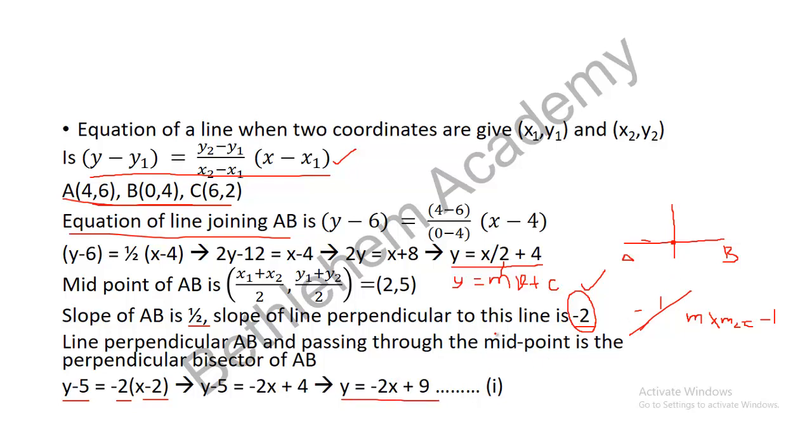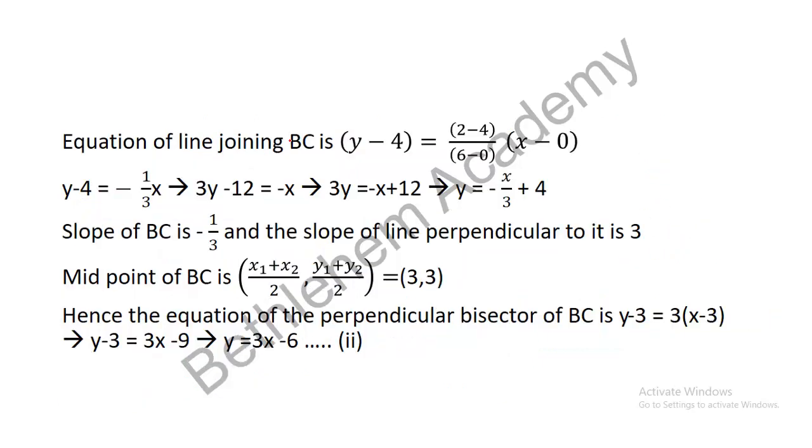So we will repeat the same process for the side BC as well. Whatever process we followed for AB, we will do the same thing for BC. Equation of the line joining BC, again y minus y1 is equal to (y2 minus y1) divided by (x2 minus x1) into x minus x1.